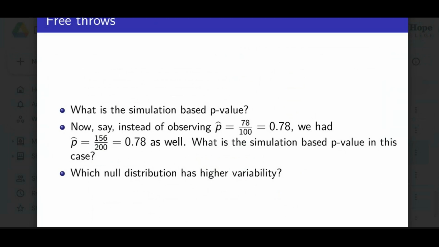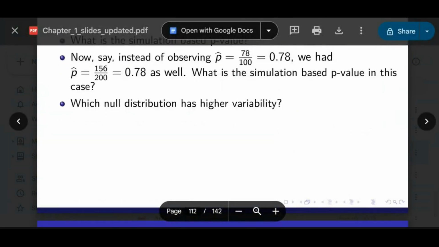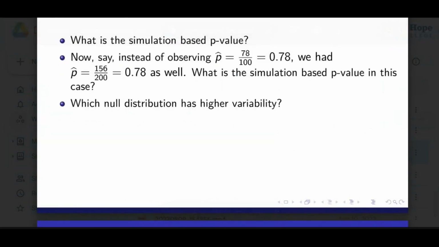The one with the smaller sample size or the larger sample size? The one with the smaller sample size. Very good. You have to write it down. The null distribution has higher variability when the sample size is smaller. Now you can learn it any way you want. If you like to learn it as which null distribution has lower variability or smaller spread, the one with the bigger sample size, just learn one.